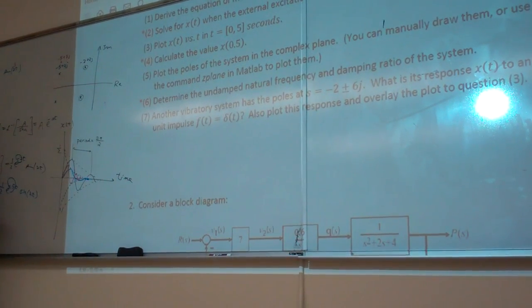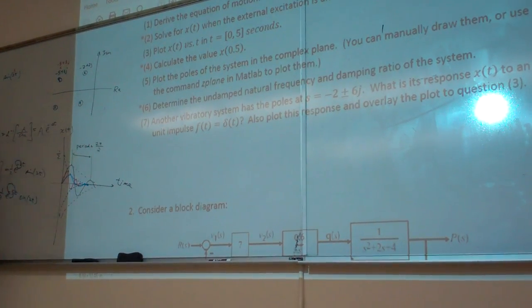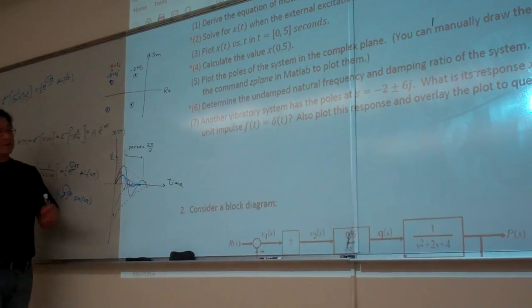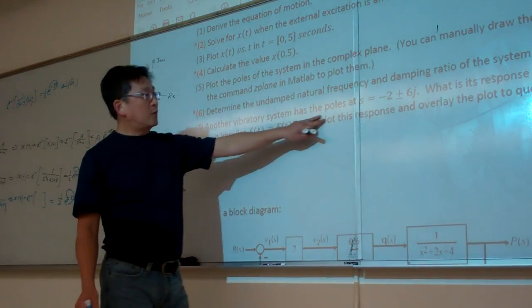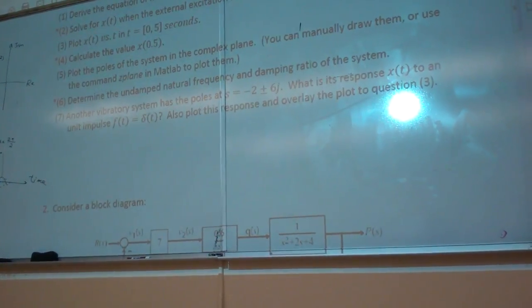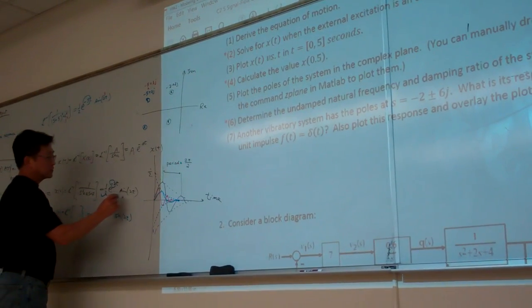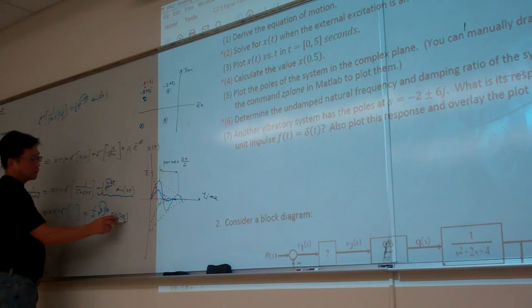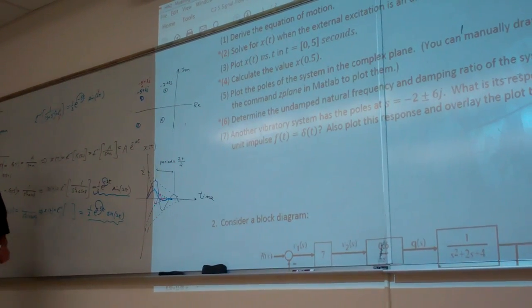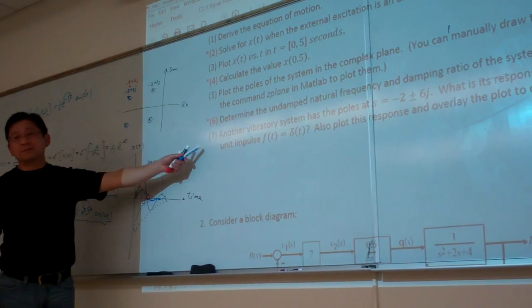And for systems like this, I'm asking you what is the response of x(t). Basically, the black one corresponds to this response, right? And this one corresponds to this response. So using this analogy, you should be able to quickly answer these questions, right?